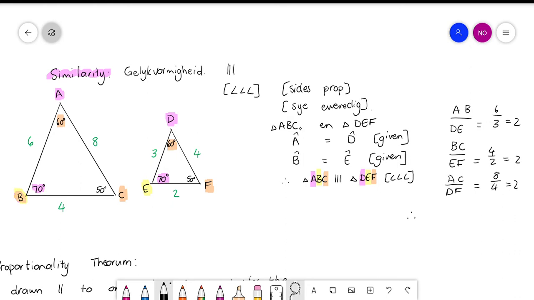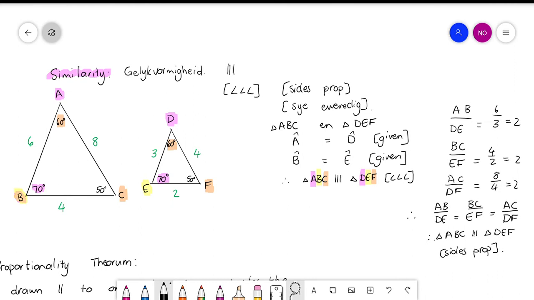And therefore I can deduce that AB over DE is equal to BC over EF is equal to AC over DF, meaning that once again triangle ABC is similar to triangle DEF, reasons being sides proportional. Okay, so ek gebruik die feit dat ek kan sien die sye is evenredig om te bewys dat die twee driehoeke gelykvormig is aan mekaar.